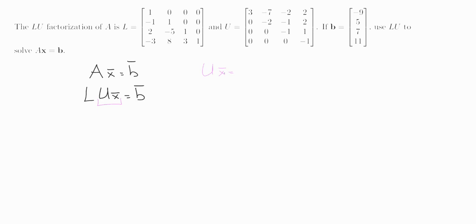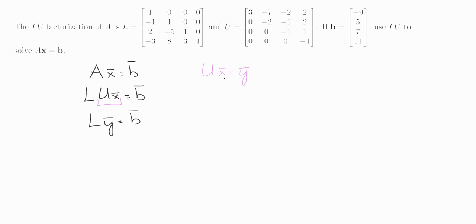With this substitution, we can now rewrite AX equals B into LY equals B. And now I can use the B that I have and the L that I've had to solve for U, or not to solve for U, but to solve for Y. And then when I have the Y, I can use the U matrix that I came up with and that new Y vector then to solve for X. So let's get into the process.